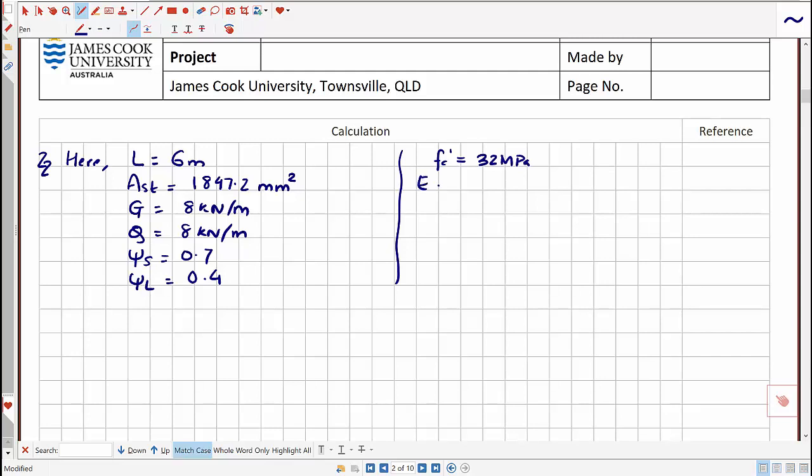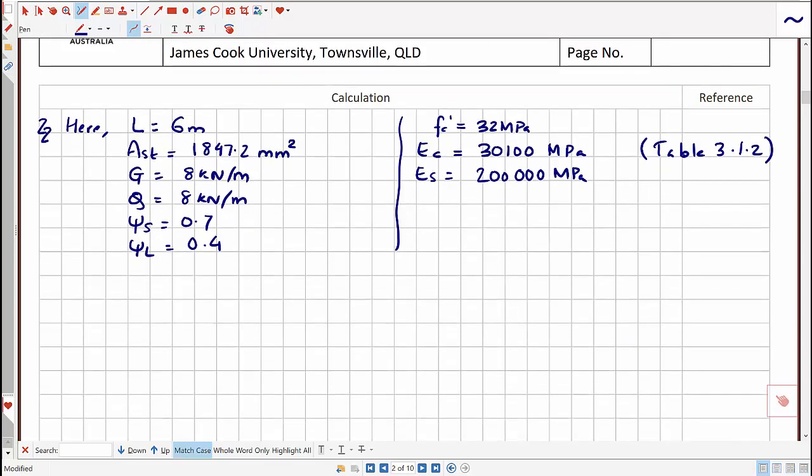Young's modulus of concrete for 32 megapascal compressive strength can be found out from table 3.1.2, which comes out to be 30100 megapascal. Now that's coming from table 3.1.2. And the Young's modulus of steel, as we know, is 200,000 megapascal.